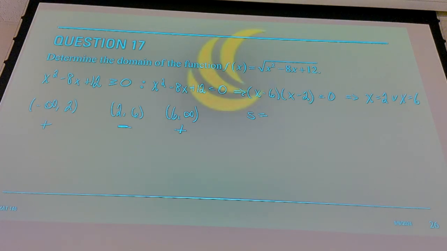So the symbol is which one? Greater or less? Greater. So you take the positive interval. Can it be 0? Yes. That means your breakpoints are included.